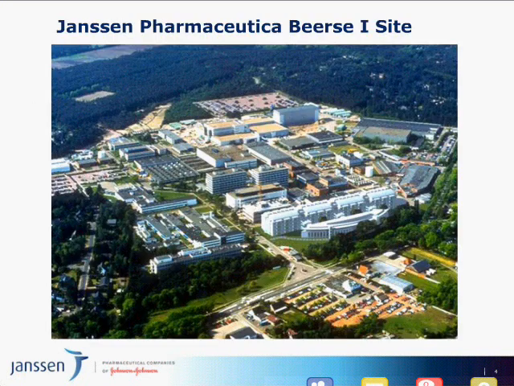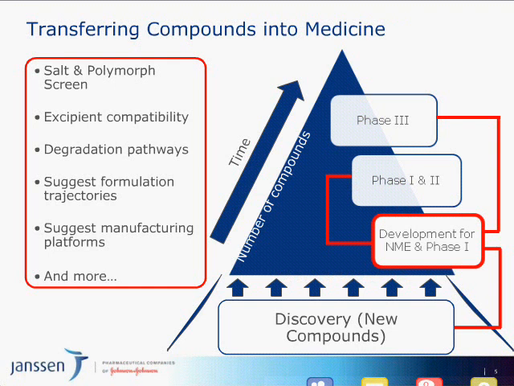So this is the overview of the Janssen Pharmaceutical Beerse site. We are mainly focusing on small molecule development, and we have 4,500 colleagues working on this site. So this will give you an idea of where we are. We are mainly here. We do the development for NME and phase 1.